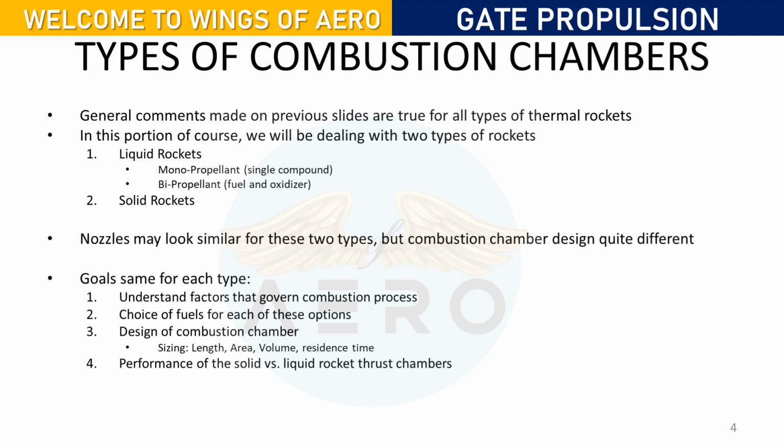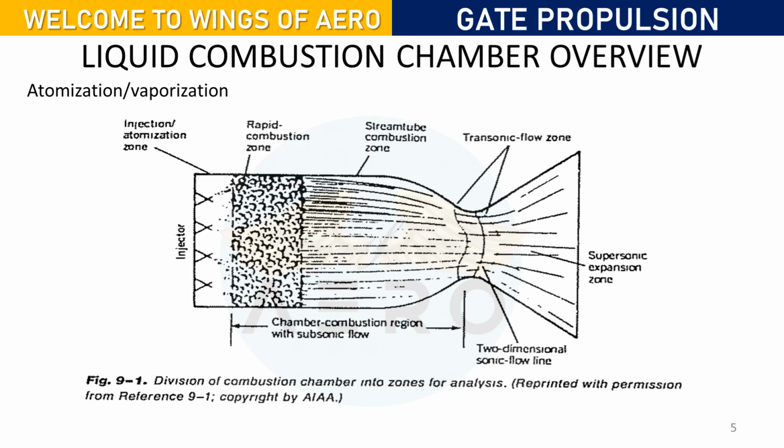Right, now let's move on. I will come to this slide later on. First let me focus on the liquid combustion chamber. How does combustion take place in a rocket? There will be a tank of liquid fuel, and another tank for the oxidizer.